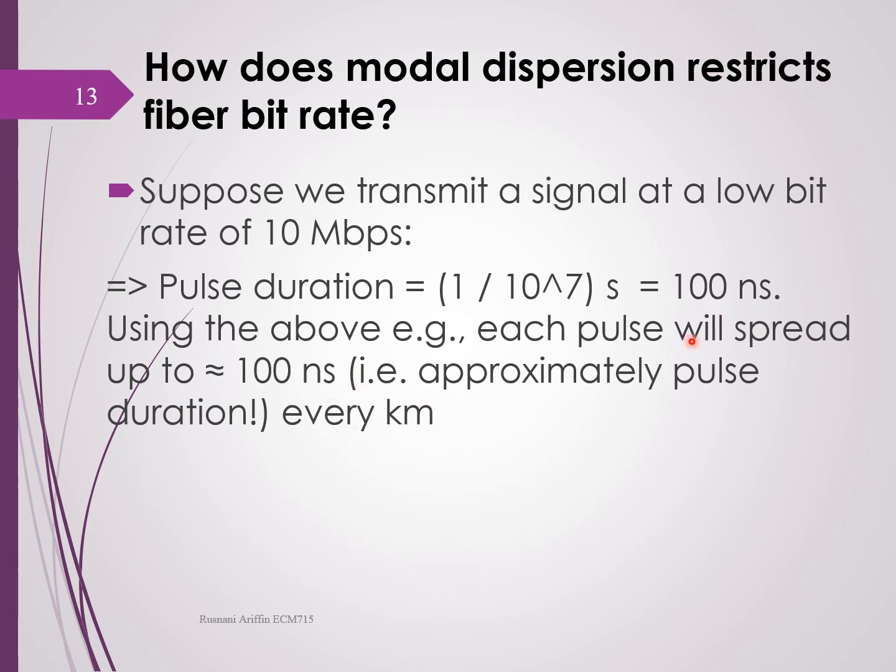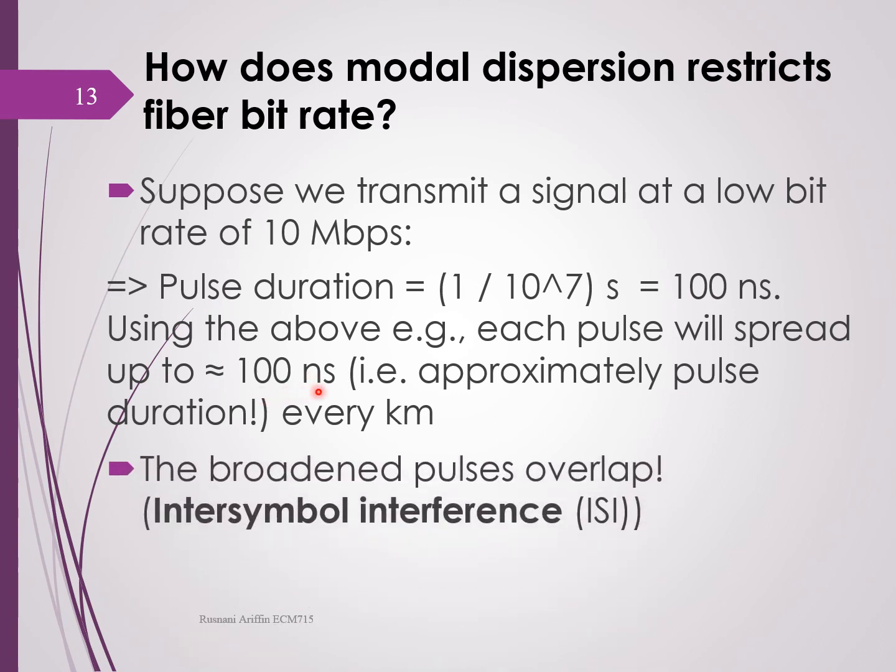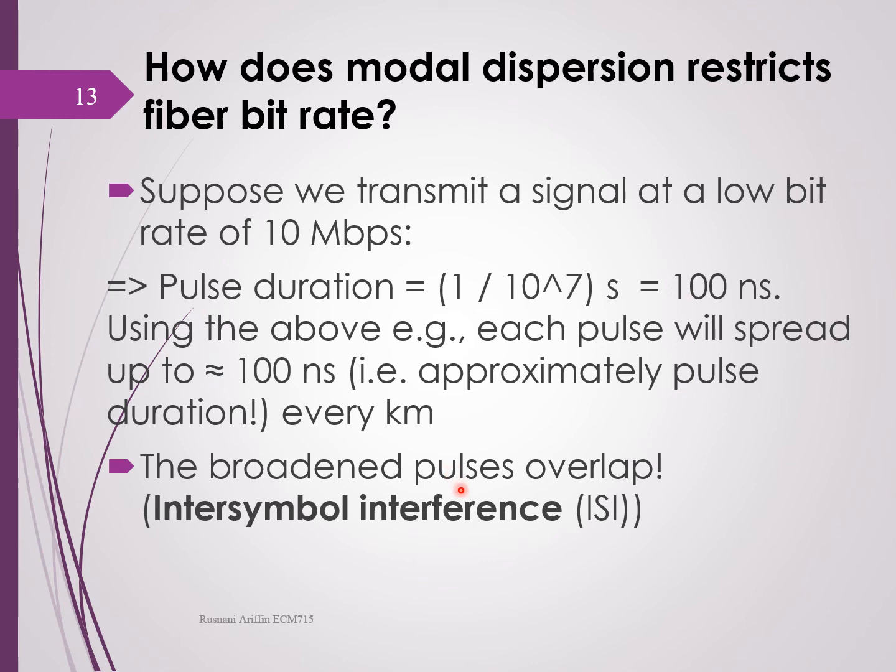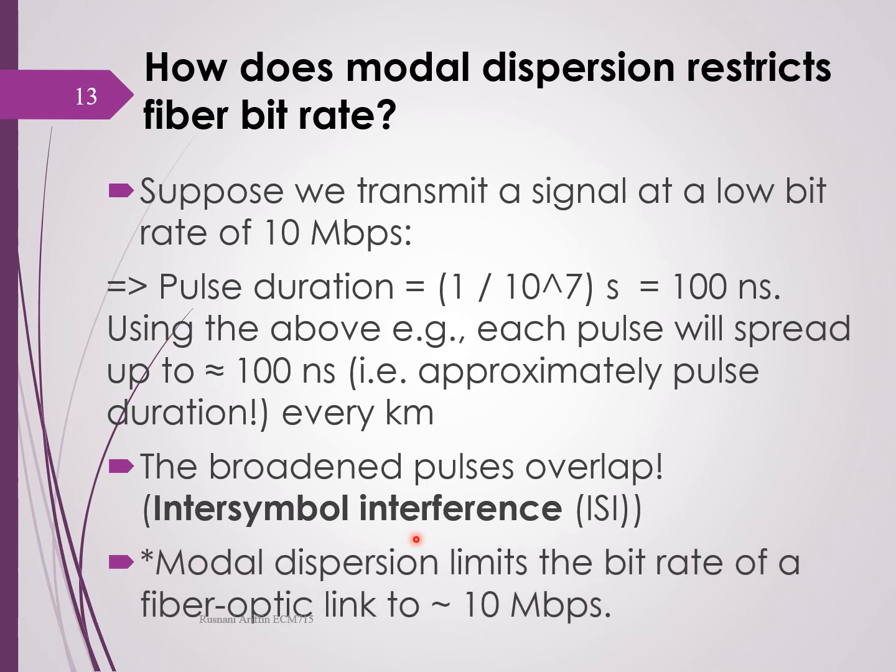The broadened pulses overlap and intersymbol interference will occur. So in this case, modal dispersion limits the bit rate of the fiber link to 10 megabit per second.